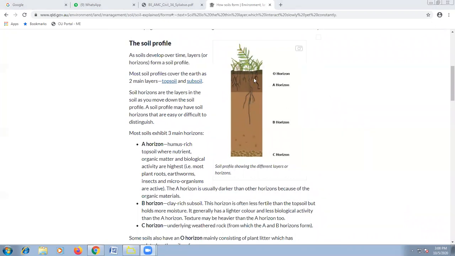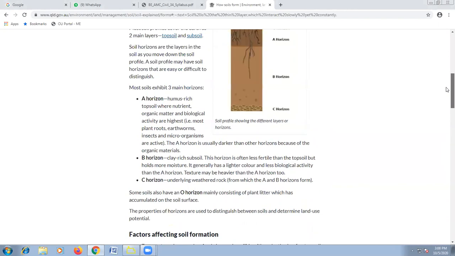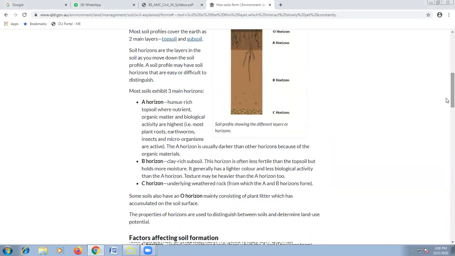The different soil horizons are nothing but the layers in the soil as you move down the soil profile. Here you can see that there are four different horizontal layers: O horizon, A horizon, B horizon, and C horizon. Briefly we would be learning about these different horizons.